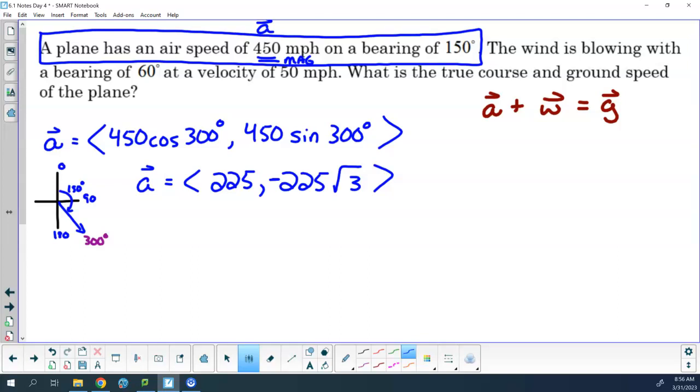Now, what's the difference between writing it as negative 225 square roots of 3 as opposed to negative 389.714317?